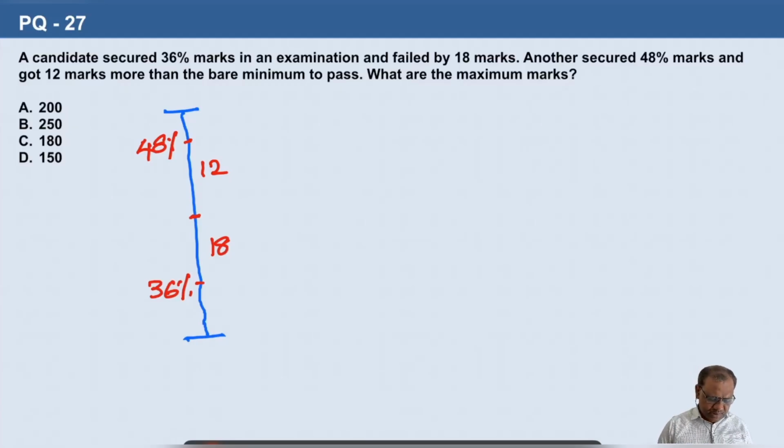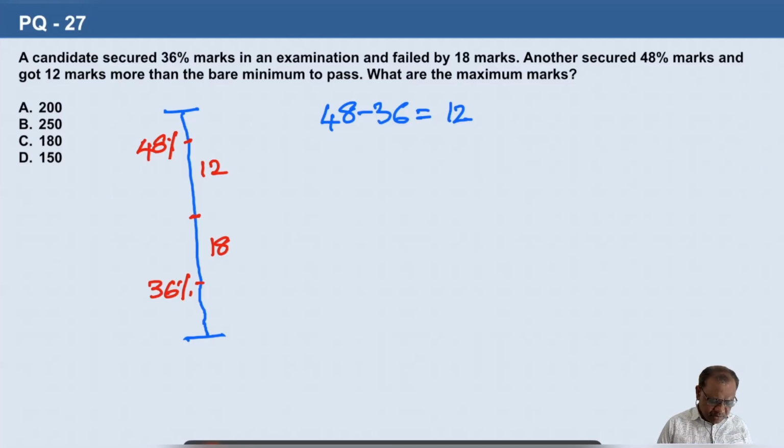So you can notice here the difference between 48% and 36% is 12 plus 18. So what is the difference between 48 and 36? The difference between 48 and 36 is 12.